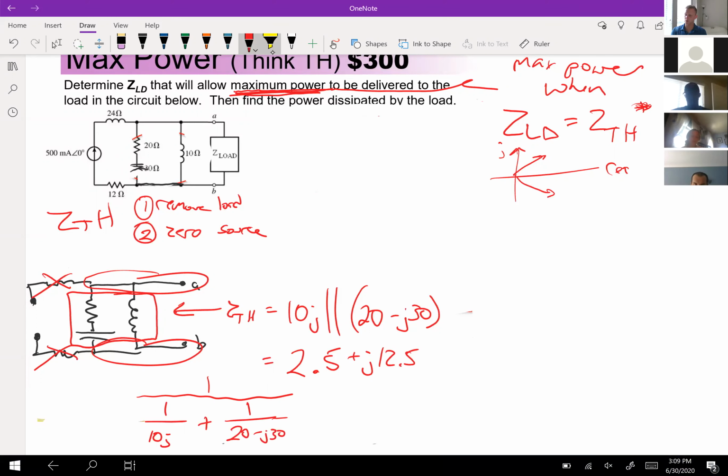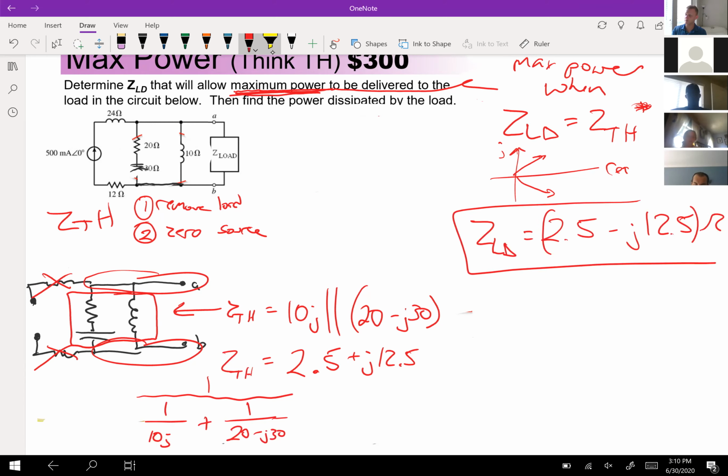So determine the Z load that will allow maximum power to be delivered. Well, that is the Z Thevenin. So therefore I take that complex conjugate and I say Z load would be equal to 2.5 minus J12.5. And that is the Z load that would achieve maximum power.